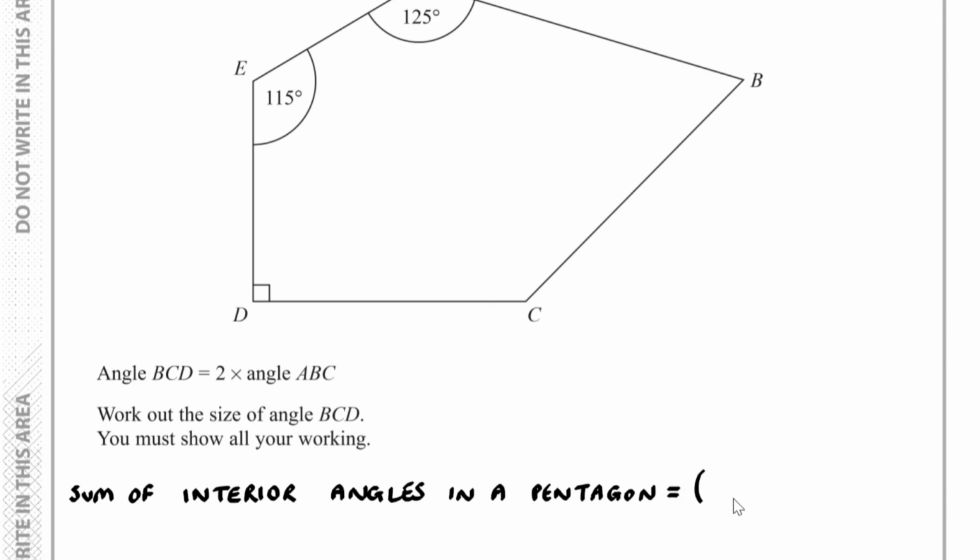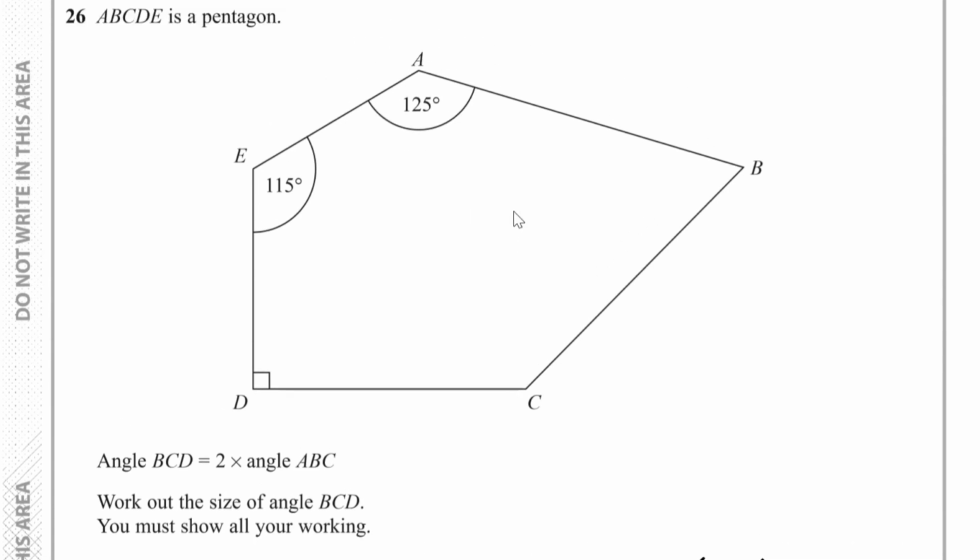What this is equal to is 5 subtract 2. We've got 5 sides, so take away 2 and then times by 180. It turns out we get 540 for the sum of the interior angles. So all of the angles inside here add up to 540.